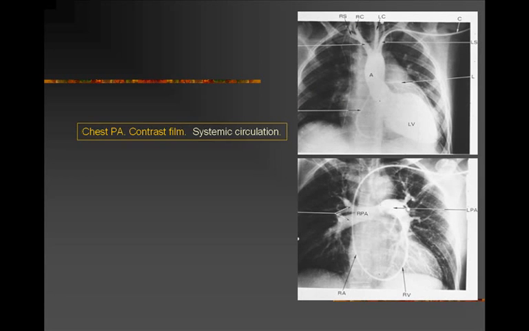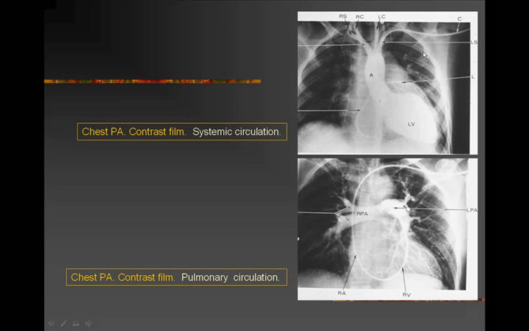We can also look at the heart with contrast material, and here are two examples of an X-ray with contrast material. The upper one here depicts the systemic circulation, and the lower one here depicts pulmonary circulation.